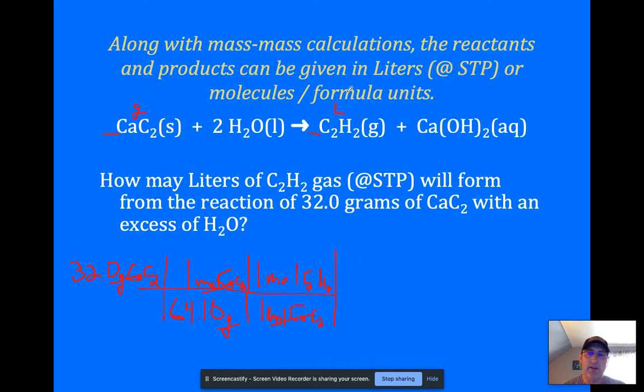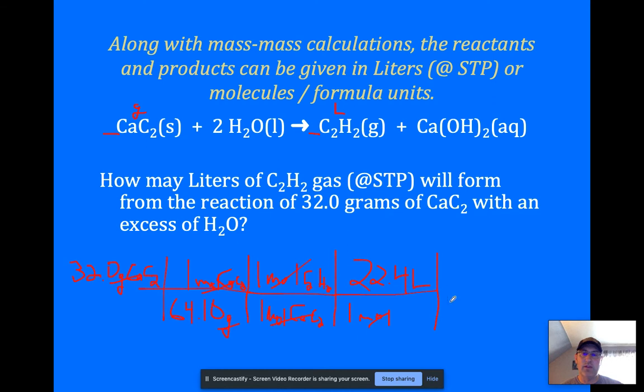Now we just have to go to liters. Last class we went to grams again, so we used the mass from the periodic table. Now we're not going to grams, we're going to liters. This is actually a little bit easier because you don't have to do a molar mass, as long as you know that 1 mole of C2H2 occupies 22.4 liters of space.